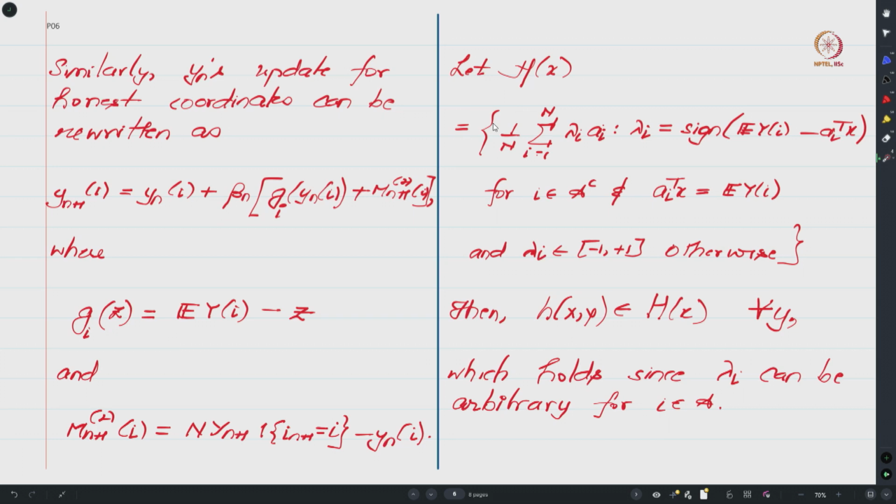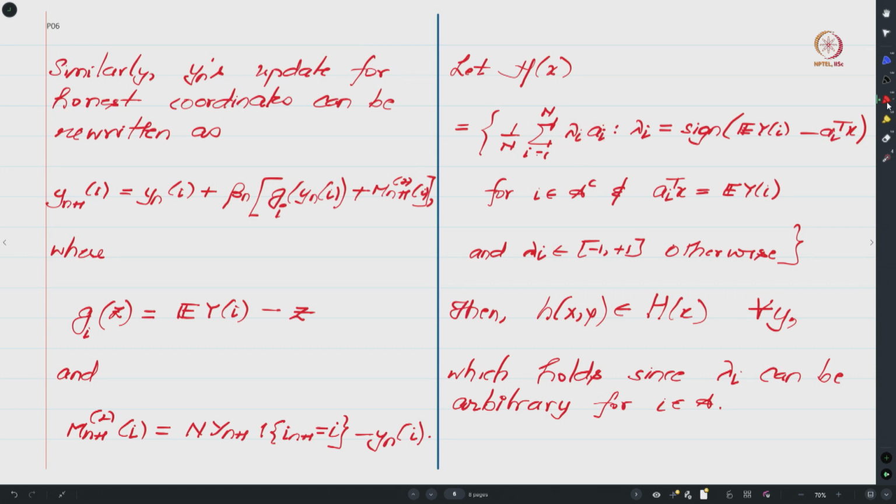So notice that when I give x as input to this capital H function, the output of this function is not one element or one vector in R^d. Instead, it is a collection of vectors of this form. So what is the special property of this collection? Well, it is of this form, meaning it is some combination of these vectors a_i, where these lambda i's are scalars and a_i's are your vectors.